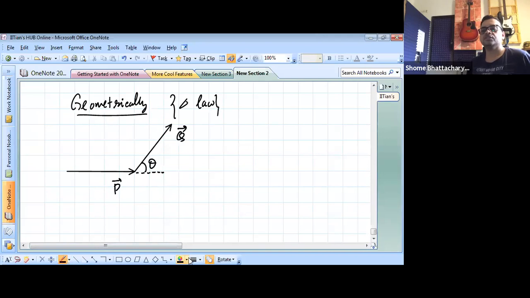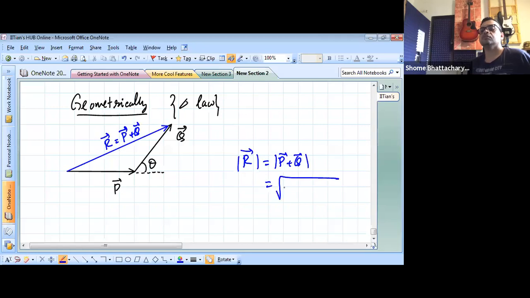Then by triangle law of sum, this will be the resultant, which is P plus Q. So the resultant will have a magnitude root of P square plus Q square plus 2PQ cos theta. So that is my equation 1.